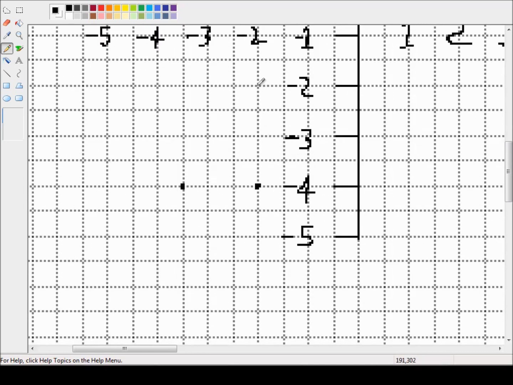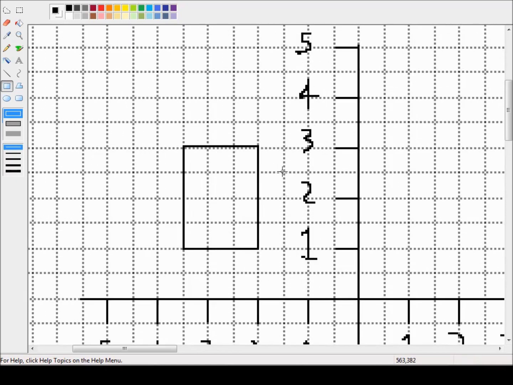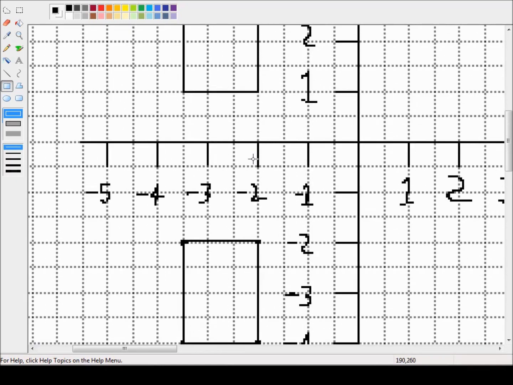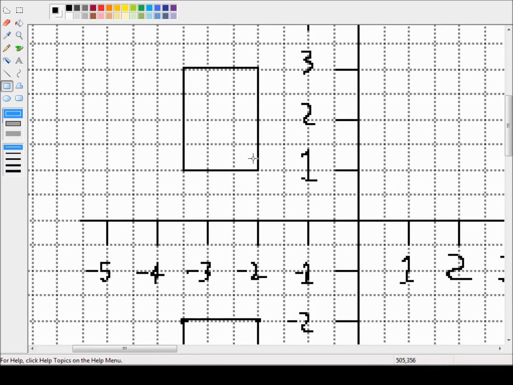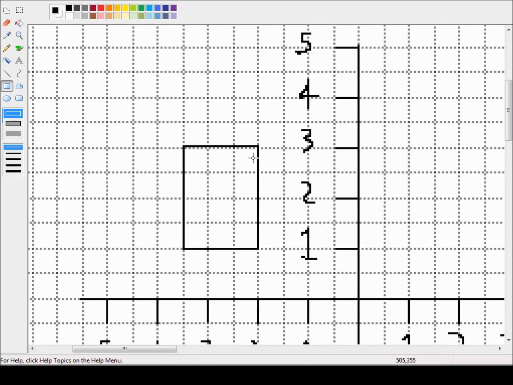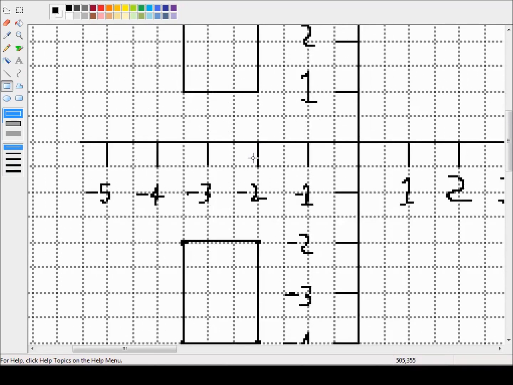So here at negative 2 we'll have the other 2 points. And so I can draw my rectangle here. And that rectangle is translated 5 units along the negative y-axis, or minus 5 units along the y-axis.